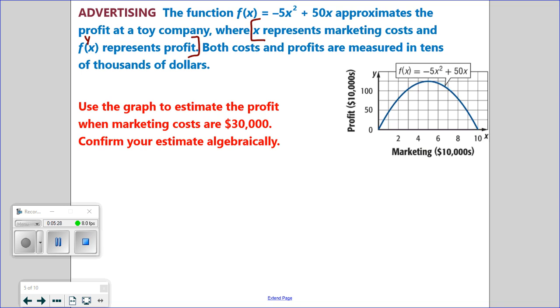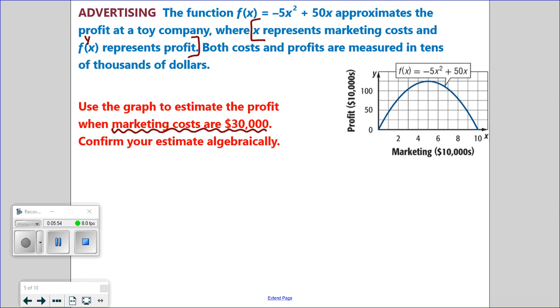So what's going on is they clarify in the story and in the picture of the graph as well that the numbering is a little misleading. This says 2, but it actually represents how much? 20,000. Okay, so just be cautious on that. Now, the question is asking us, use the graph to estimate the profit when the marketing costs are 30,000.